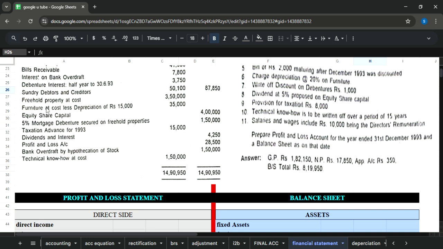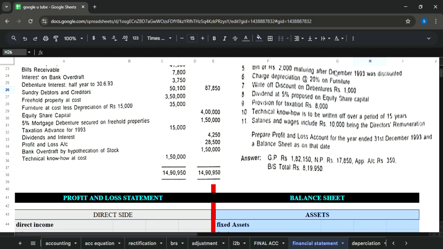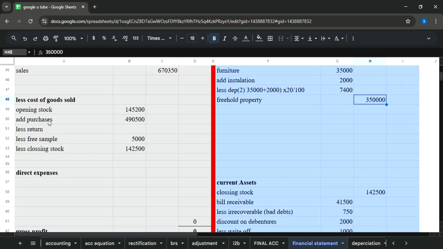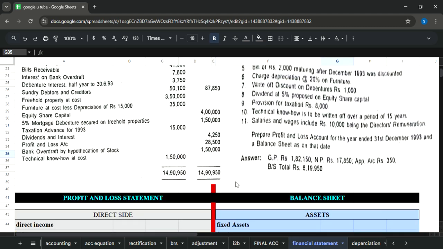Then we have furniture 35,000, I think already written 35,000. After which we have capital of 4 lakh. So we'll come to the fixed liability side. It is actually share capital. It may be called issued, subscribed, and the amount of this share capital is 4 lakh.